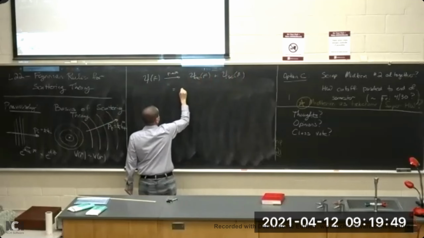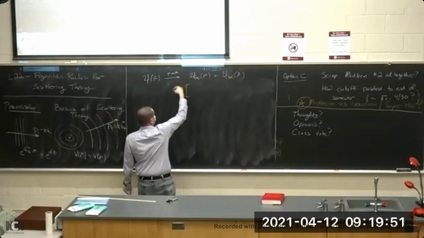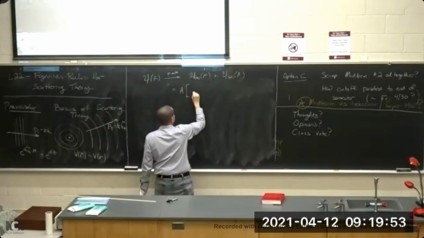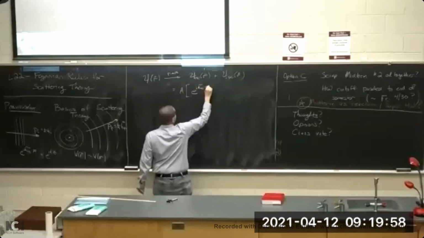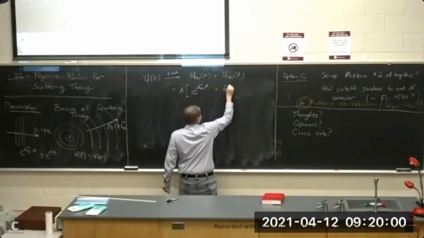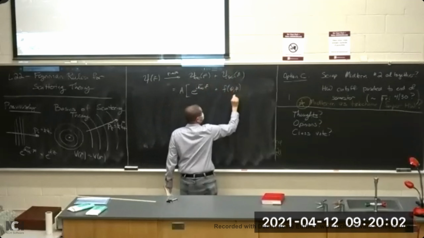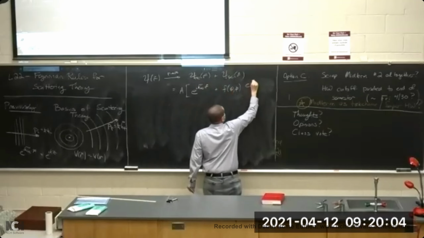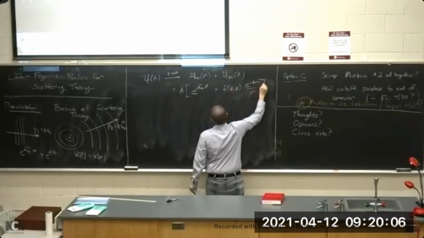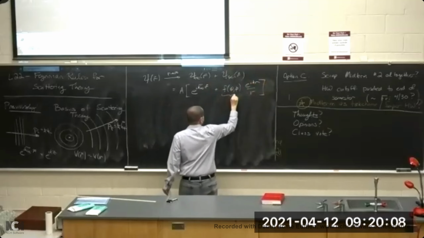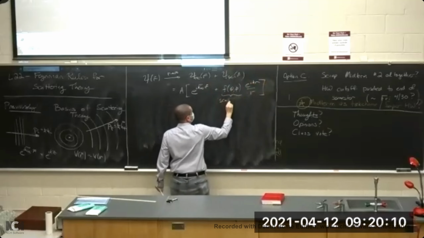And up to some overall normalization constant, I pull that out, say the normalization of the incoming plane wave, this is e to the i k incoming dot r plus some amplitude, the scattering amplitude f of theta and phi, e to the i k r over r. So this is the definition of the scattering amplitude.